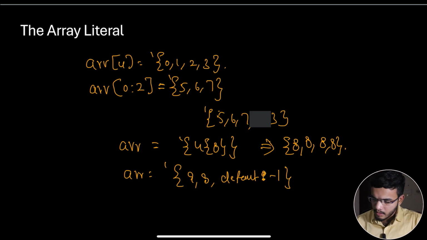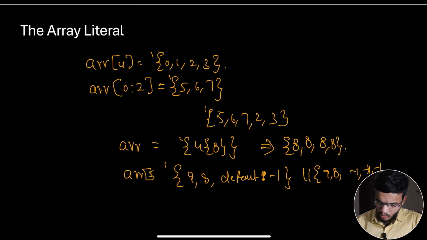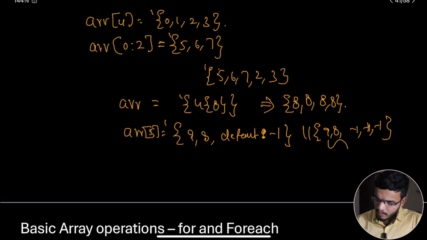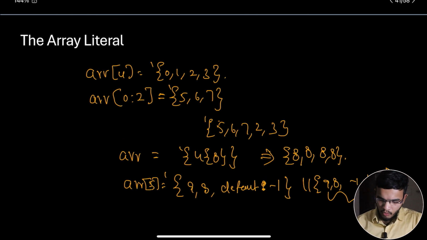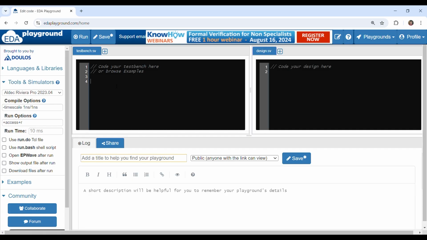This will make this array, here I am taking size 5, so it will have 5 elements. The first two elements will be 9 and 8, and the rest of the elements would be -1 -1 -1. Now we will see a demo on this array literals.